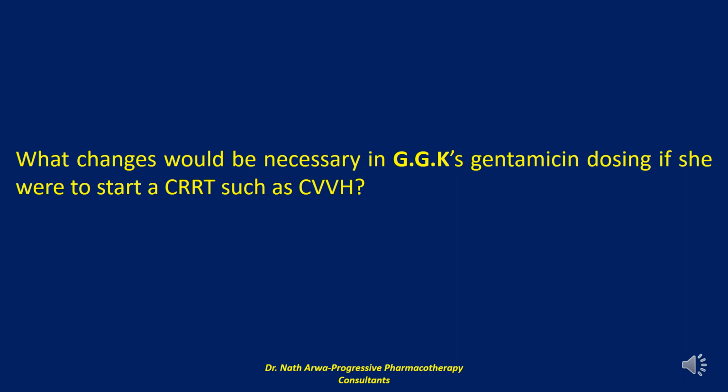Because the clearance of gentamicin approximates that of creatinine clearance, G.G.K's total clearance is approximately 1/3 the normal clearance of 100 ml per minute. Therefore, the gentamicin dose should be approximately 1/3 of the normal dose.